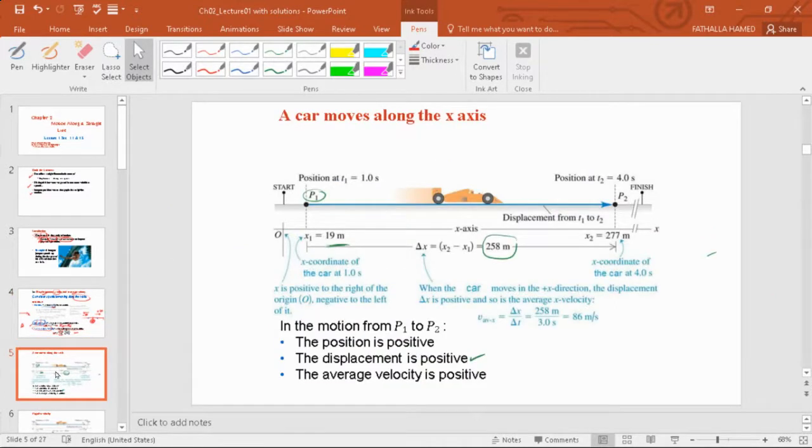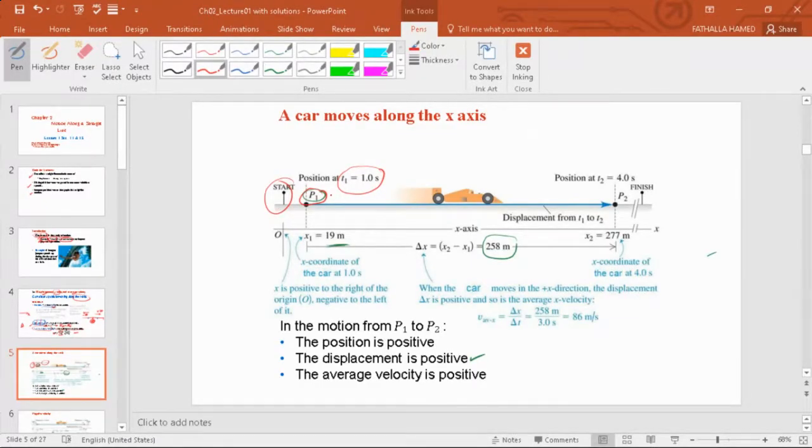So now let's just illustrate this with some examples. You have a car here. That's your x-axis. That's the start here. So we're picking position 1. So you can start from here and you start timing. But at position 1, the time is equal to 1 second. So many of you will say, well, my starting time should be 0.